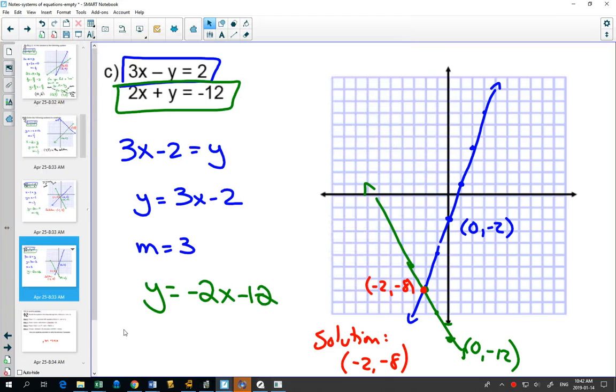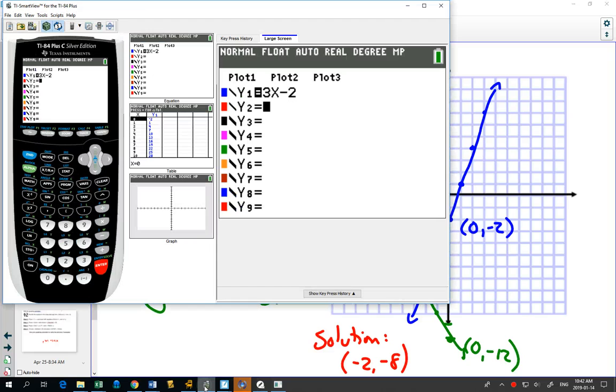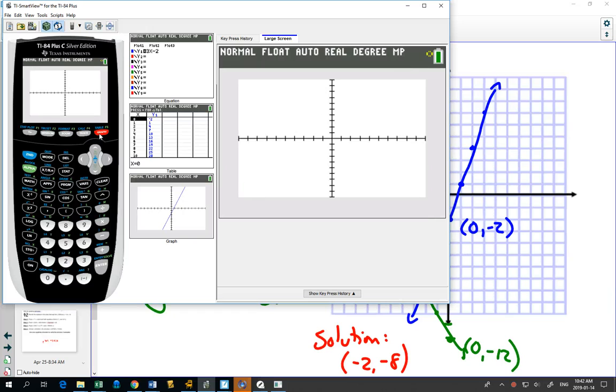Your second equation was negative 2x minus 12. The negative sign is beside the decimal here. Negative 2x subtract 12. It is important that you know the difference on your graphing calculator between the negative sign and the subtract sign. So we need to do negative 2x minus 12. And when you hit graph, it graphs both of those equations exactly the same as we graphed them.